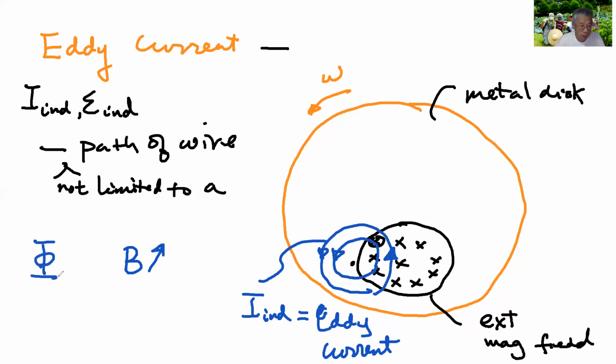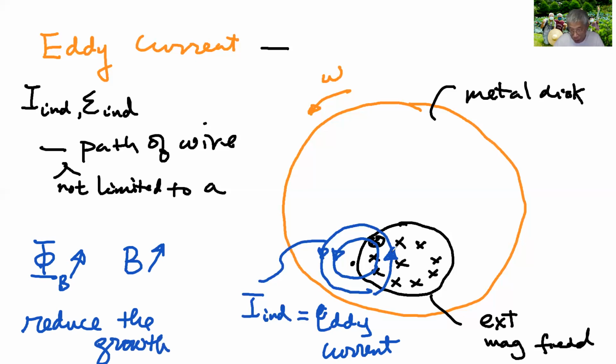If the flux is increasing, I need to have current so that I can try to oppose it or reduce it. Faraday's law says I need to reduce this growth of this increase. So what would I do?